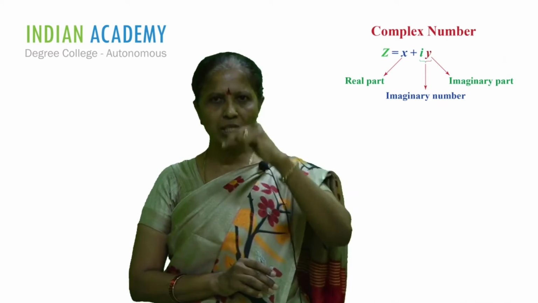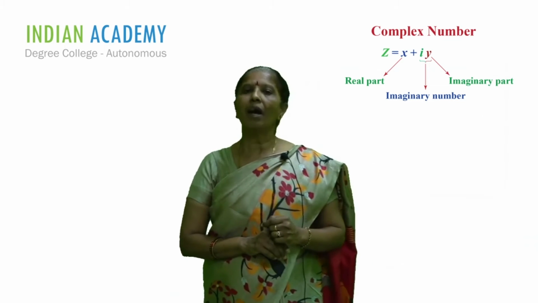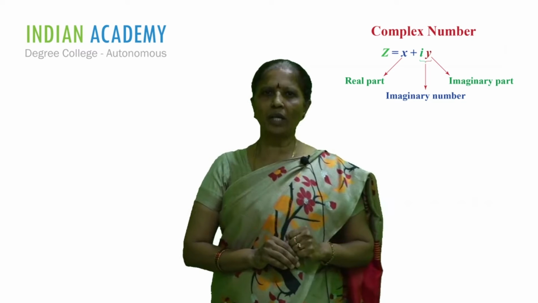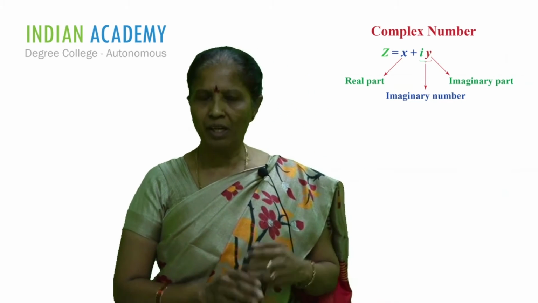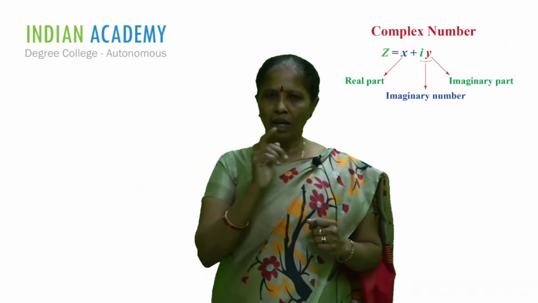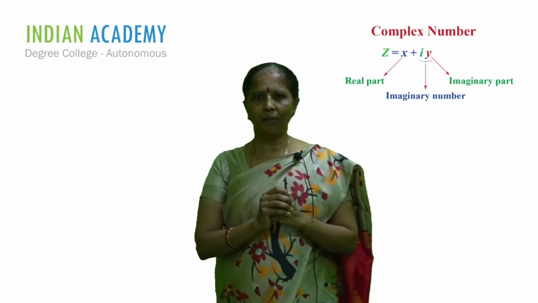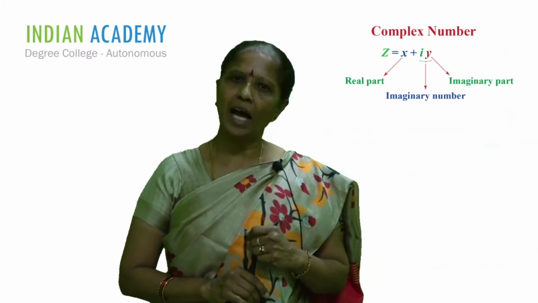Now we will see complex numbers. Before we see complex numbers, first we should know what we mean by an imaginary number. We would have come across root of minus 5, root of minus 15, such numbers. Here, root of minus numbers are not defined, and hence root of minus 1 will be taken as i.